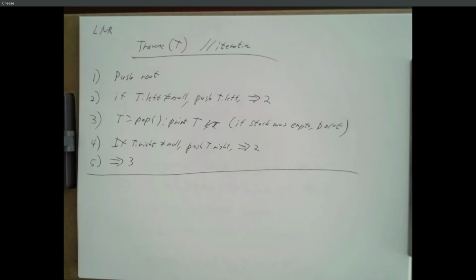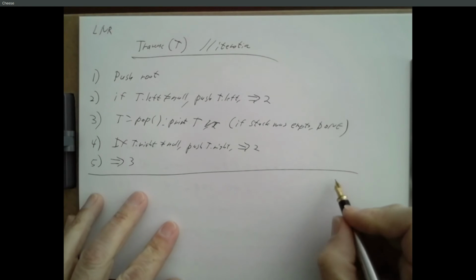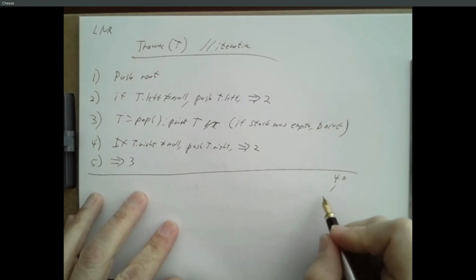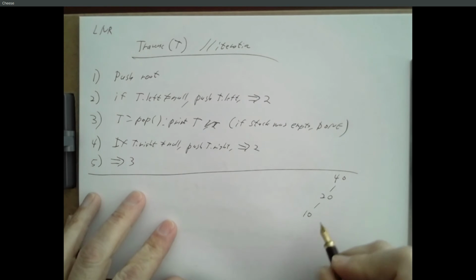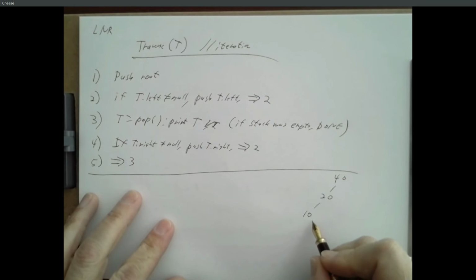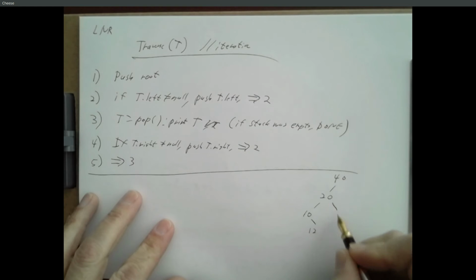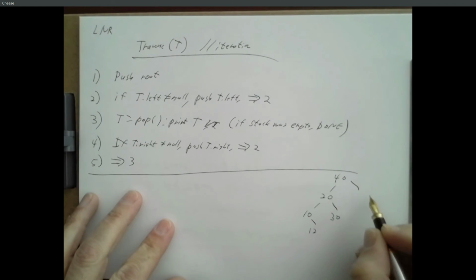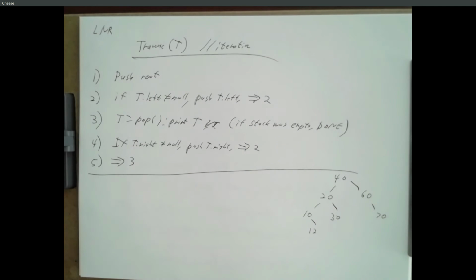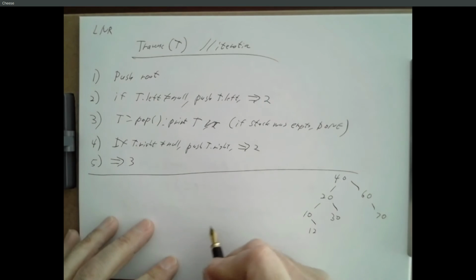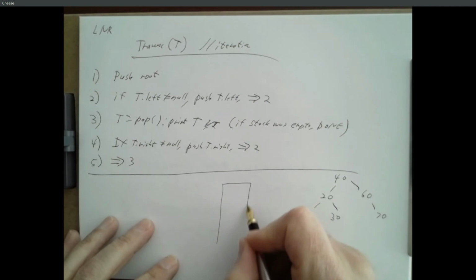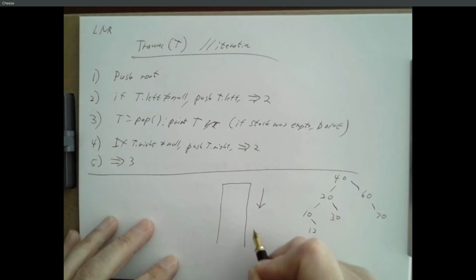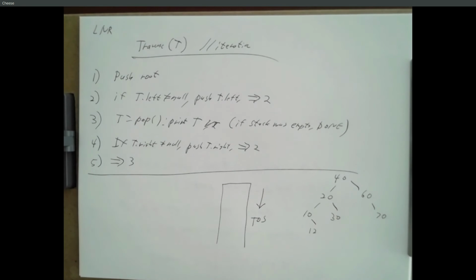So this is fairly bizarre, and I don't want to get too tripped up on details, but let's play with this. So here's a slightly peculiar looking tree, and let's make a stack, and we'll grow the stack from top to bottom, so the top of the stack will be at the bottom.